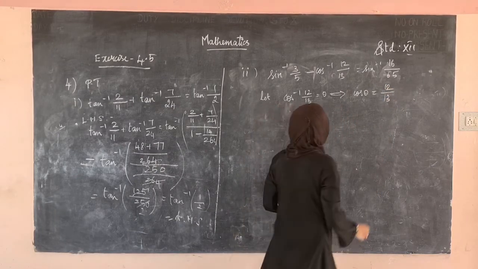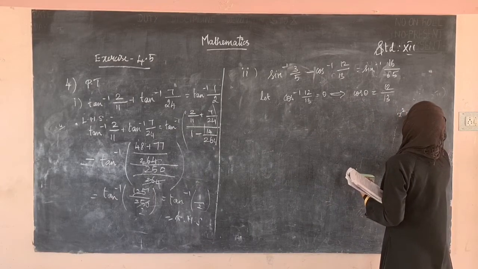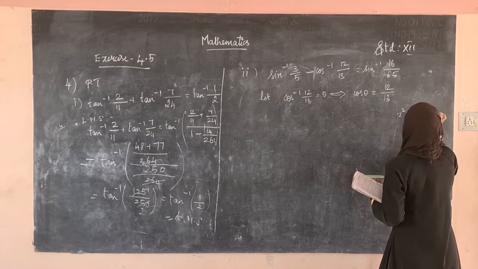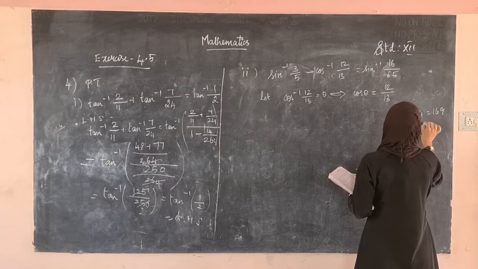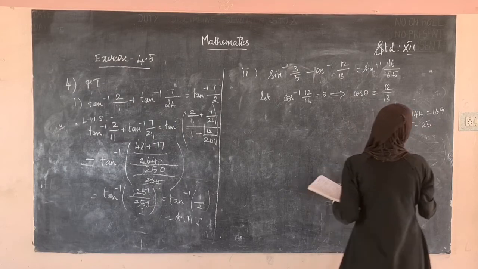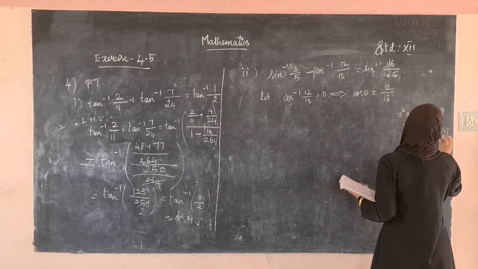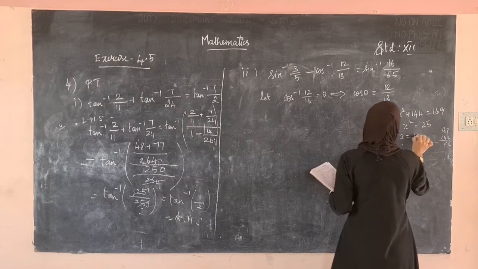From this we have to find sin theta. So x square plus 12 square, 144, is equal to 13 square, 169. X square is equal to 25, right? See here, 169 minus 144 is 25. So x value is 5.